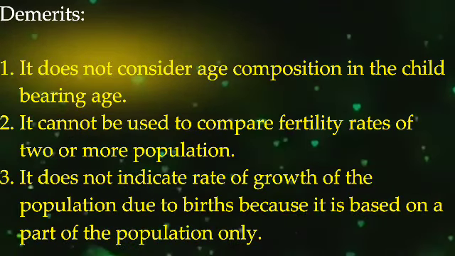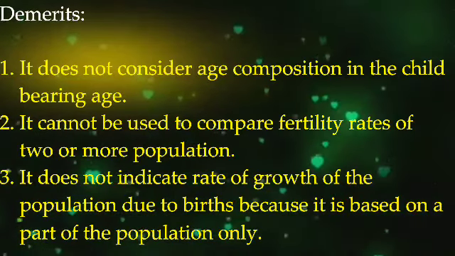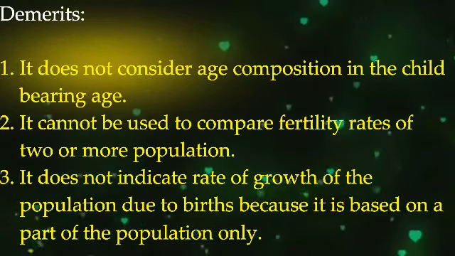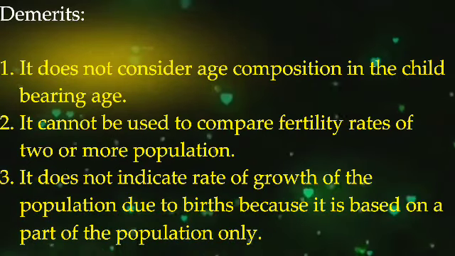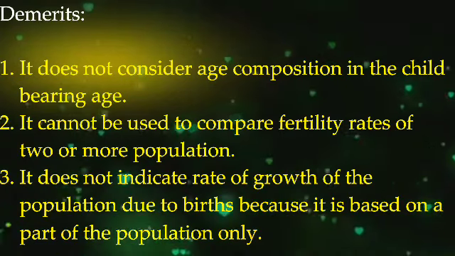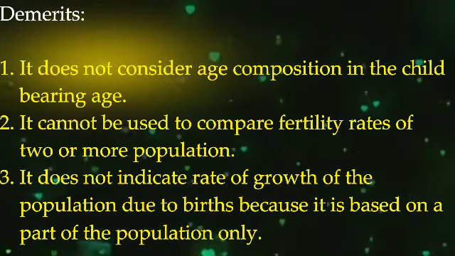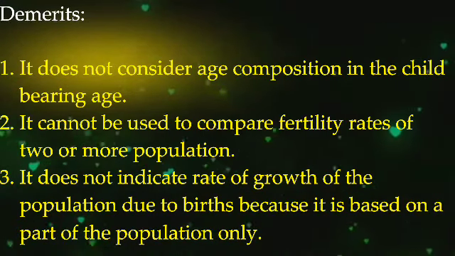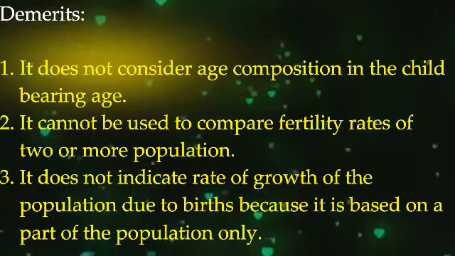It does not indicate the rate of growth of the population due to births, because it is based on only a part of the population. Since we are considering only the female population, you cannot predict about the entire population, so we cannot find the rate of growth of the population.